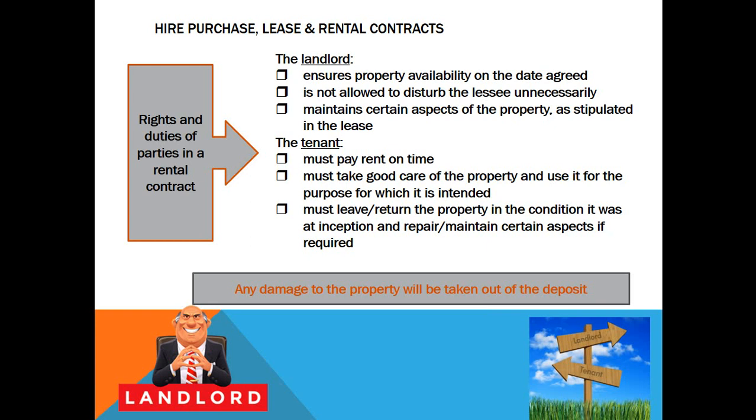You must leave or return the property in the condition that you received it in. A lot of landlords will say you're not allowed to paint the walls. If you do, you need to make sure you return it to white before we end the contract. Any damage to the property is then taken out of the deposit that you pay when you're securing the use of that property.